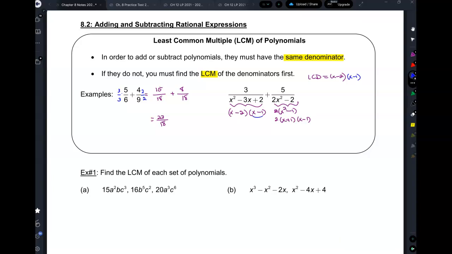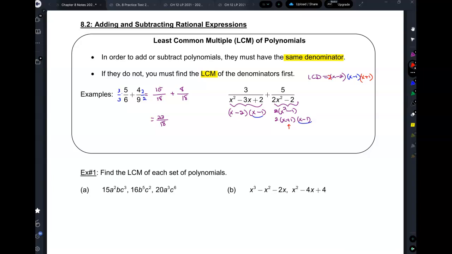Now let's go to the next one. The x minus 1 repeats here, right? I already chose an x minus 1 in my LCD, so I don't have to repeat it. But then what else do I have? I have an x plus 1, and I have a coefficient of 2. So all of that is my LCD. Okay?